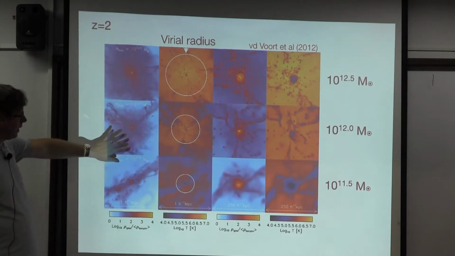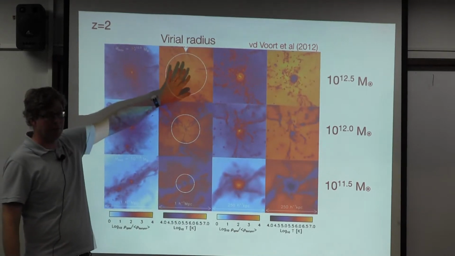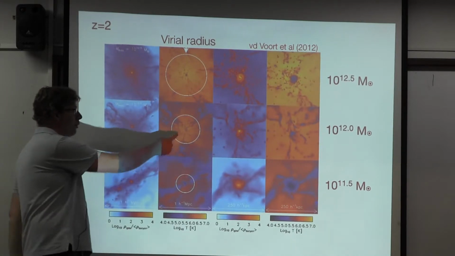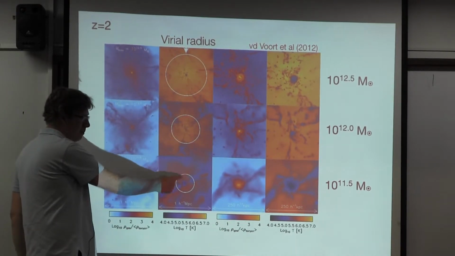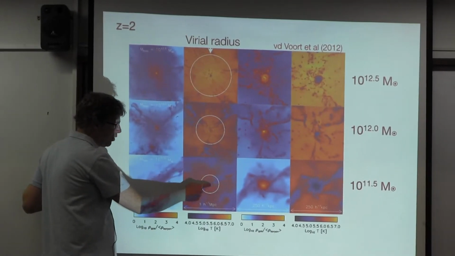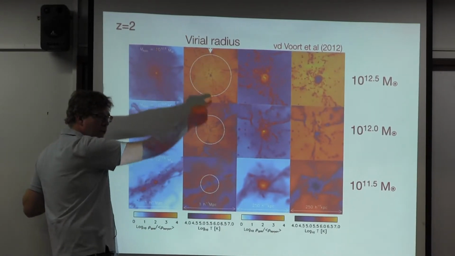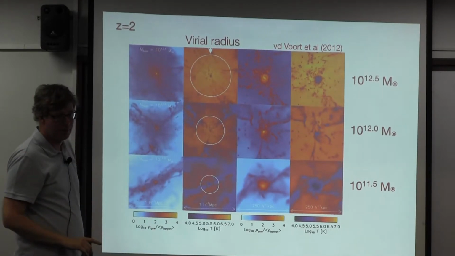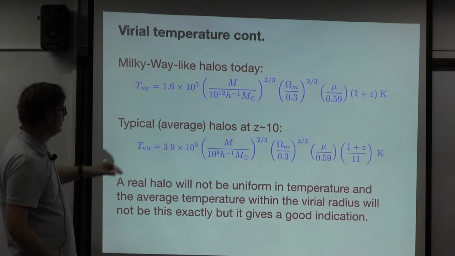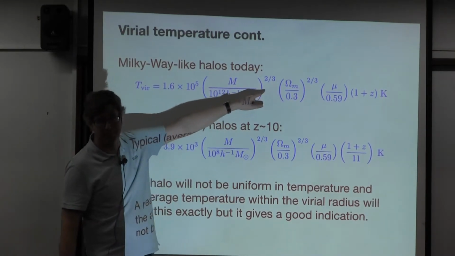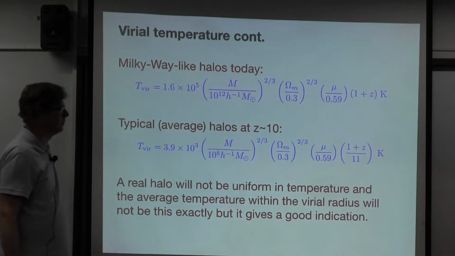The temperature inside here, you can also estimate the virial temperature from the equations on the previous slide, and you can compare them to the temperature inside here. And you see, at least you see that the temperature goes up as you move this way. And it will go up roughly in the same way as we did here, mass to 2/3 power. More or less, it goes like that.